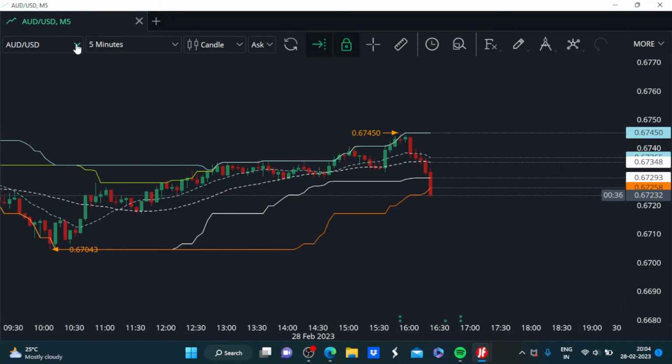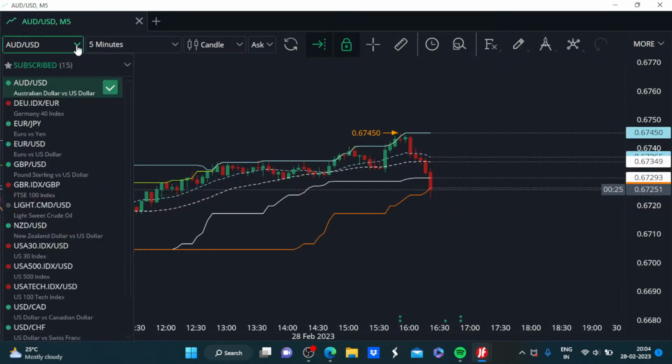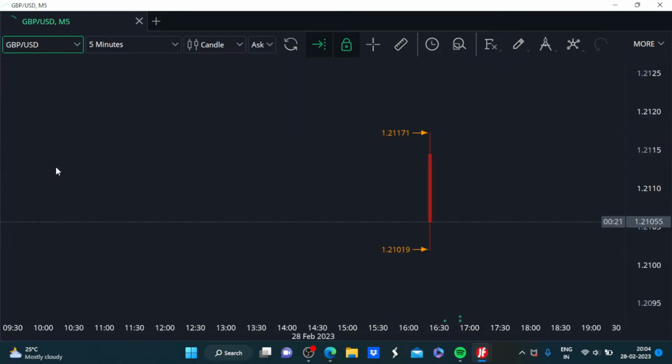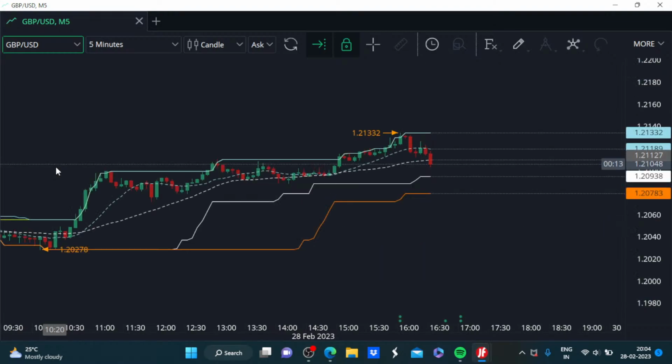So let's turn our gaze to the other major currency, GBP, and let's see what's happening in the case of GBP. For GBP, the momentum has been one of the best on the upside. It has gained substantially in yesterday's session.